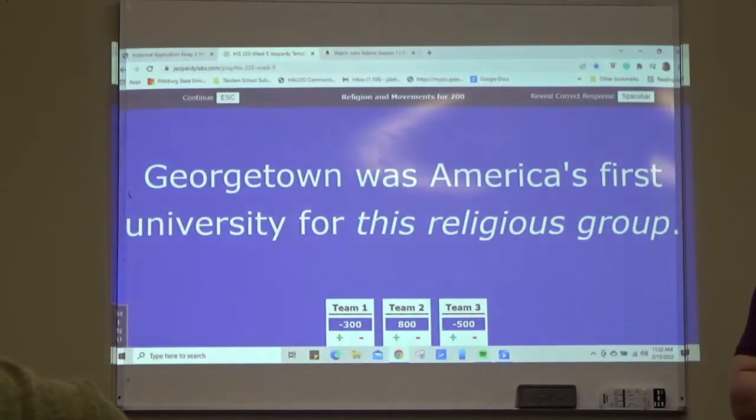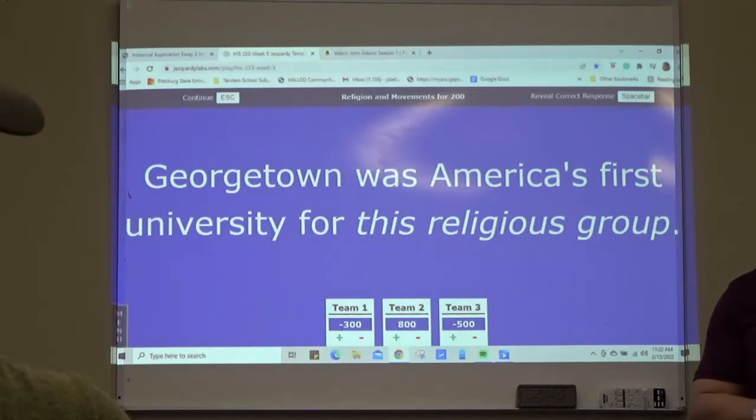Georgetown was America's first university for this religious group. And I believe it's still around today. It's not as hard as you think. Nobody?